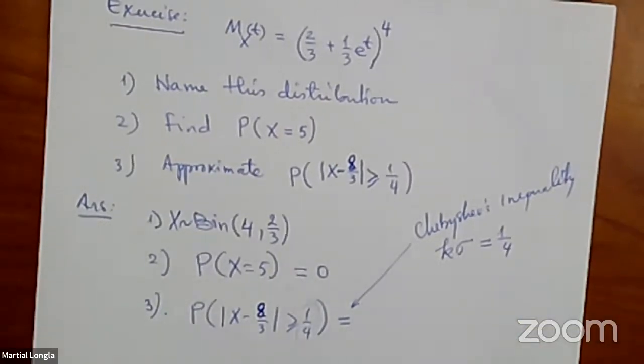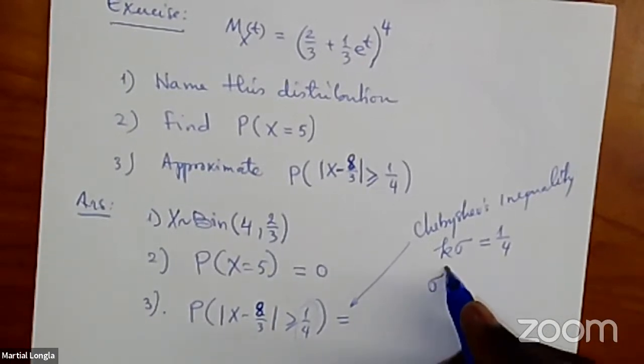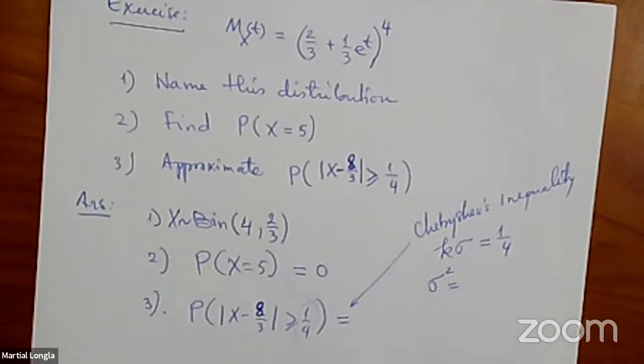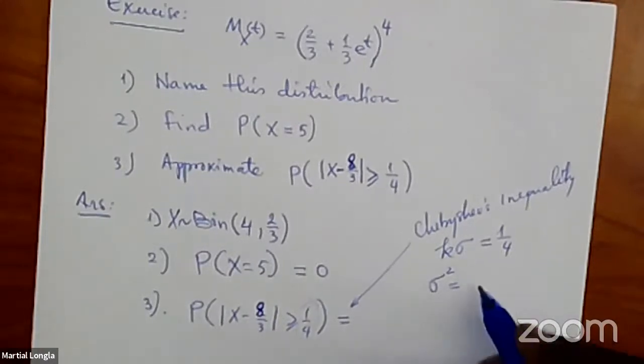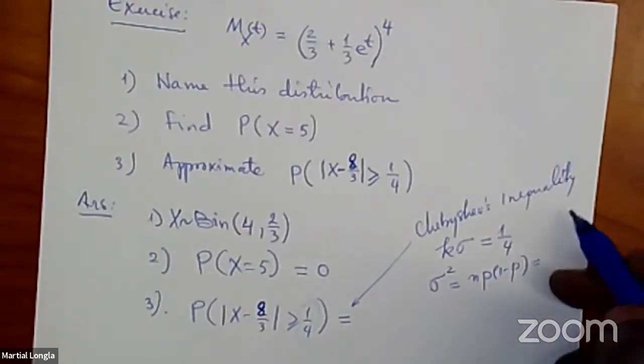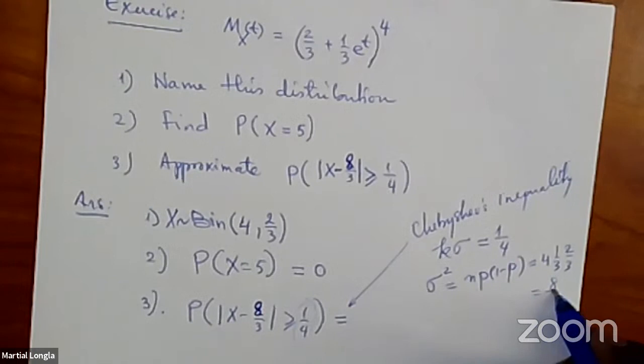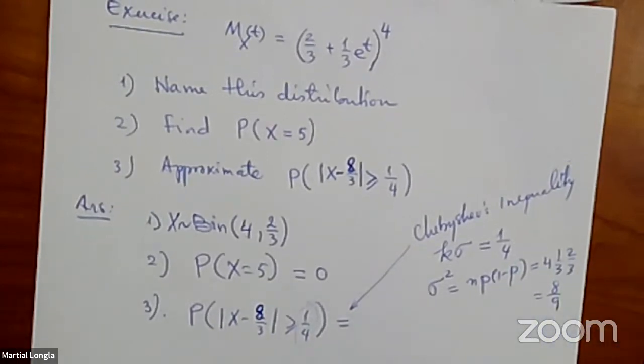You've got to find that first, and then it's going to give you a k. What is sigma squared in this case? It was given in the previous slide. What's sigma squared for the binomial? Variance. And n times p times 1 minus p. So, what is p? That's 4 times 1/3 times 2/3. That's 8/9. That's sigma squared. You need sigma.